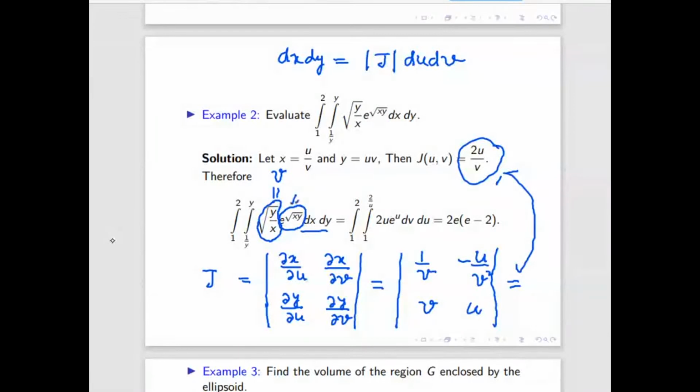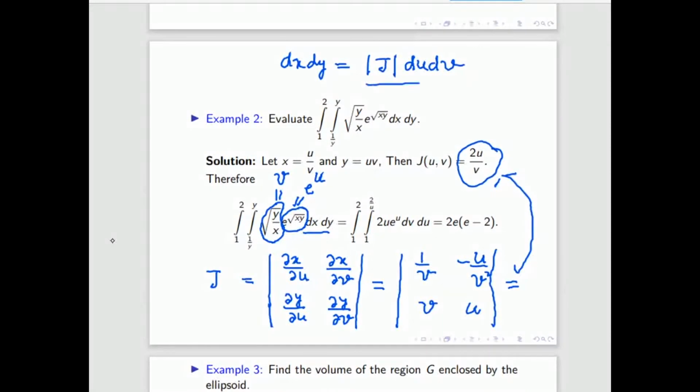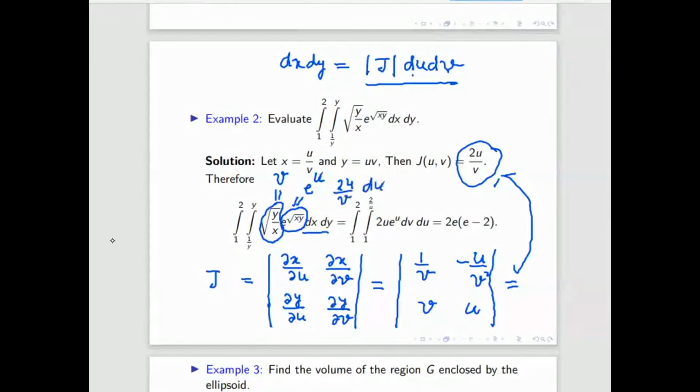So this term will become e to the power u. Then this dx dy will become this Jacobian du dv. So Jacobian came this 2u by v and then du dv. This v will cancel out. We will get 2u e to the power u dv du. So this du dv or dv du will be written based on the limit.